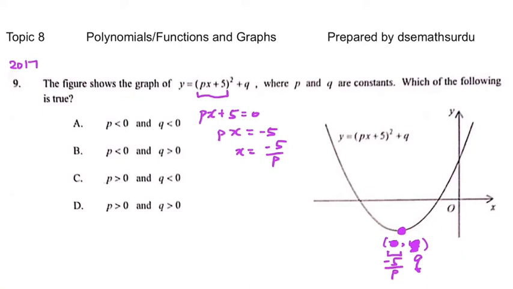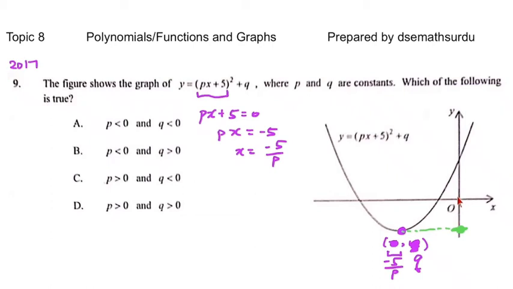You get the vertex coordinate already, but then you have to compare it with the graph as well. This is from the equation, and let's see from the graph as well. Let's see q first, it's easier to read, right? So for q, the y here is around here, right? So here y is positive or negative?